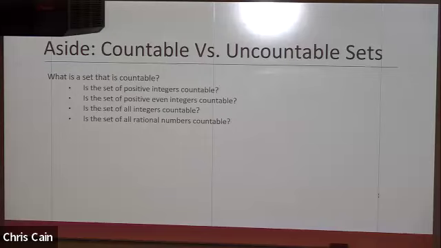Now there are algorithmic ways to get it wrong, and there are algorithmic ways to get it right. Just like the set of all integers, if you start at 0 and just go up 1, 2, 3, 4, 5, 6, 7, you never get to -1. It depends on the algorithm you use. The question is just, is the algorithm impossible to generate? Or is there a way to generate such that for any rational number I give you, you tell me the number of steps it will take for your process to generate it?